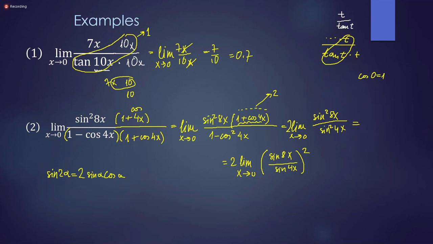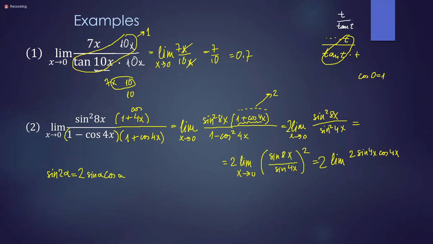That would be a very good approach, simply because it is using trigonometry effectively. So if you know this formula well, and if you notice that indeed 8x is twice 4x, then you can do it this way. So we could have 2 sine 4x cosine 4x divided by simply sine 4x, and then, of course, squared.